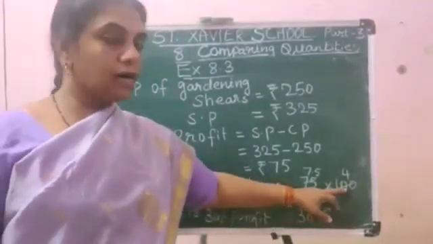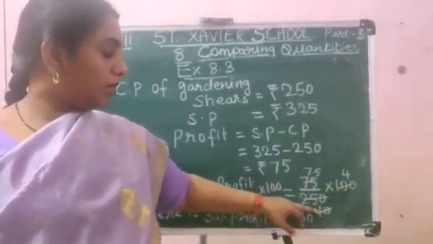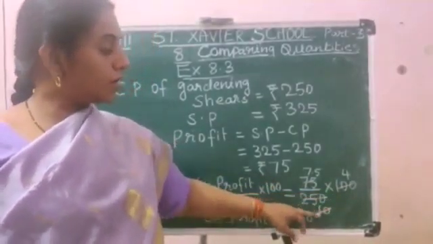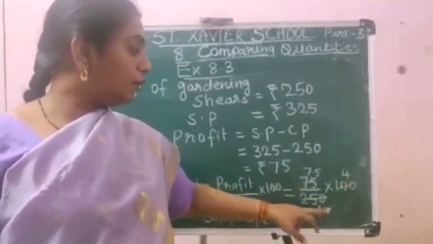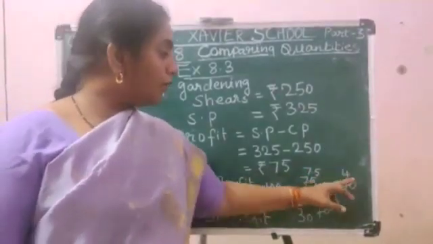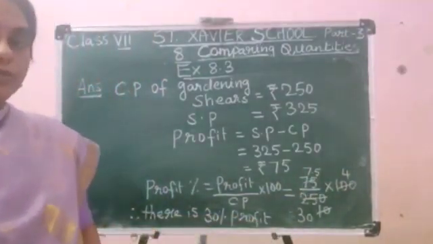Here 250 and 100 are simplified in the 25 table. This is 1 times, so 10 and 4. The 10 and 75 are simplified, so it becomes 7.5. So 7.5 multiplied by 4 equals 30. There is 30% profit.